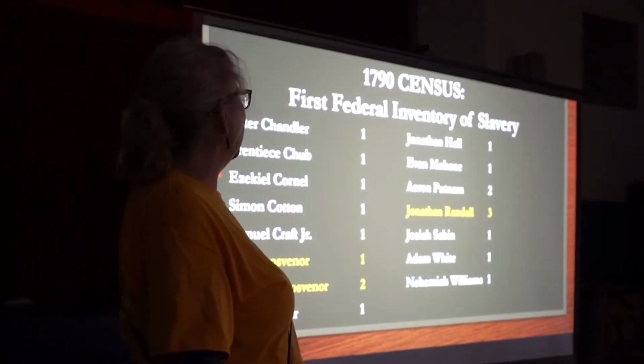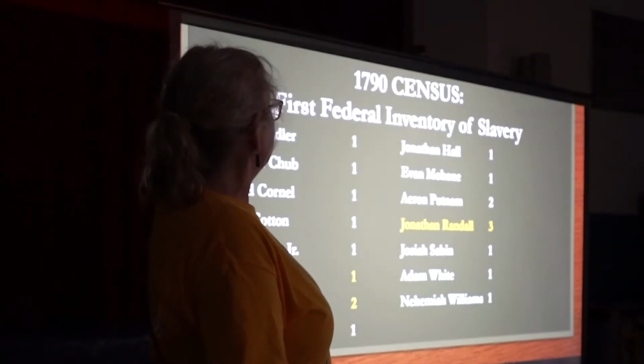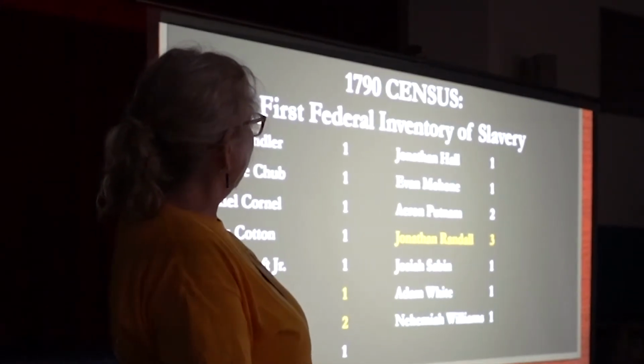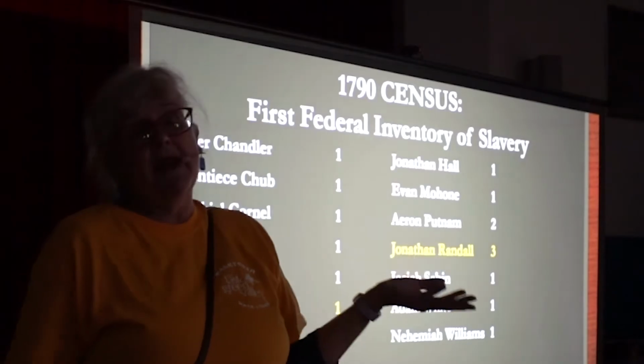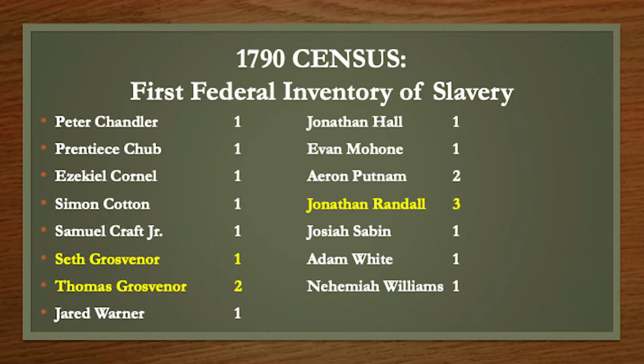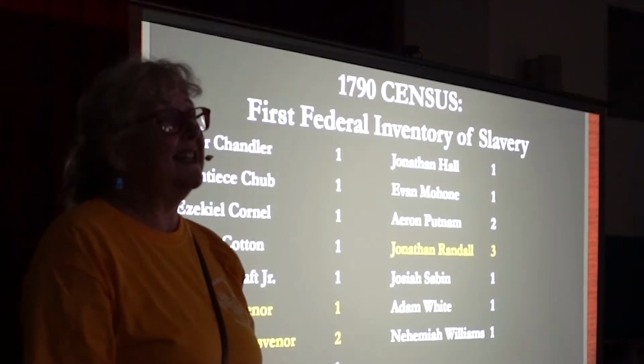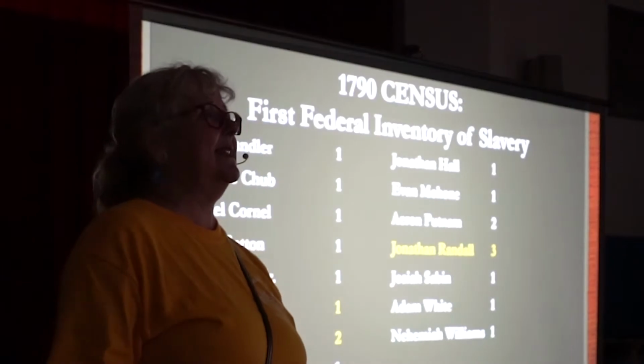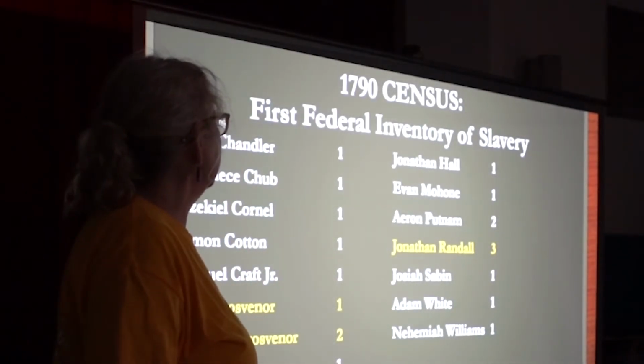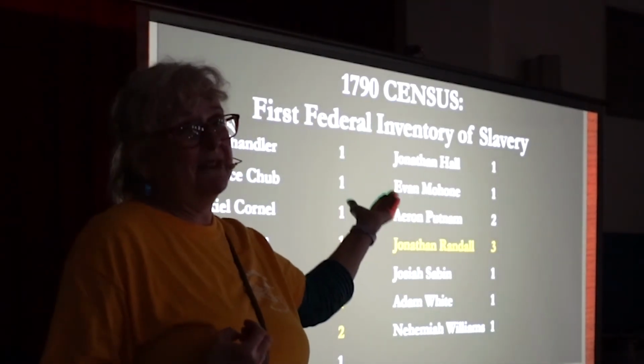So one of the pieces of data that backs up the Griggs story that Patience Randall was given slaves on her wedding day is that in the inventory in 1790, Jonathan Randall lists 3. Now, 3 is quite different than many, but they were given the enslaved Africans in 1737. This is a long period of time.